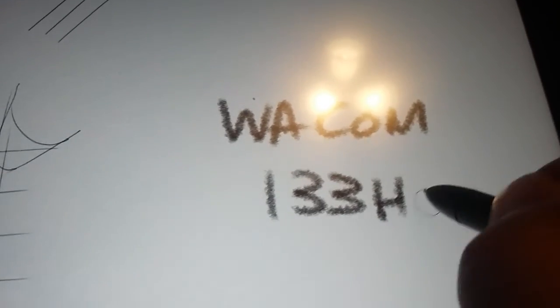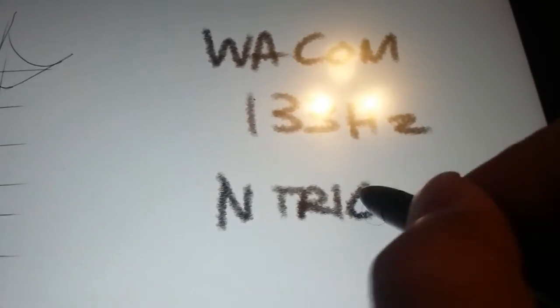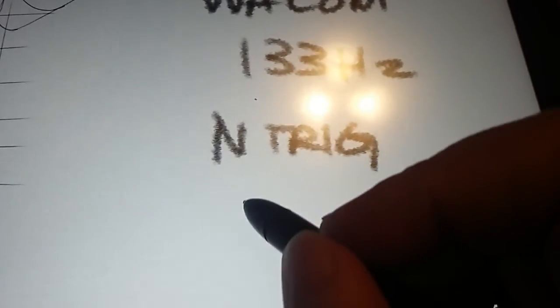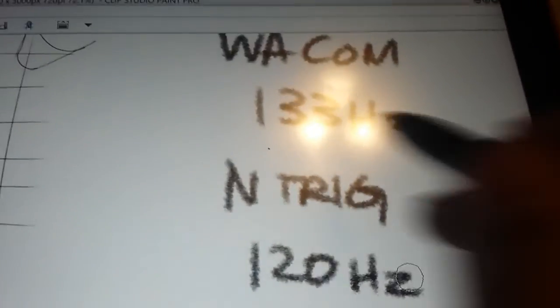In the case of Wacom, we're talking 133 hertz. For N-Trig, I'm not 100% sure about this, but from what I remember talking to the N-Trig technician, I believe it's 120 hertz. Either case, it's really fast.